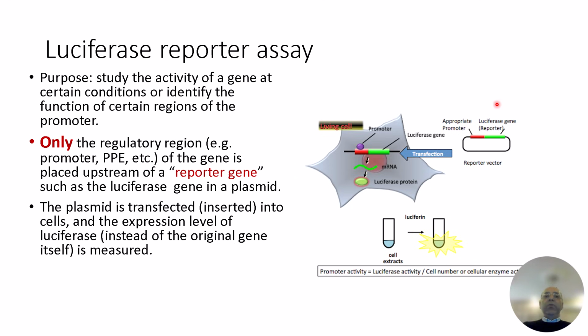We have it under control of a promoter of interest. So let's say we have the luciferase gene under control of the promoter of the dopamine hydroxylase gene. And so we create this recombinant DNA.